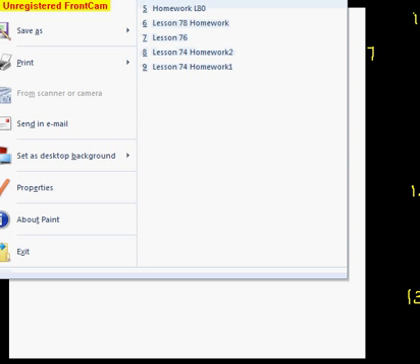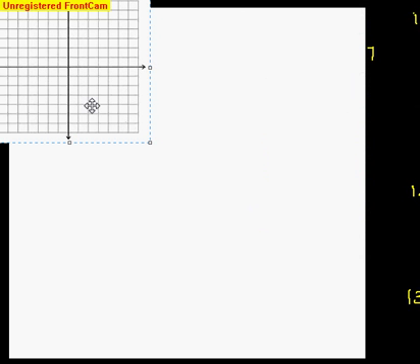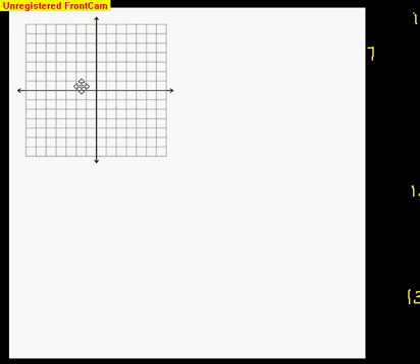Okay. I'll just do it on this white surface then. Okay, let's put in a graph. Sorry about this. Okay. We have our graph.